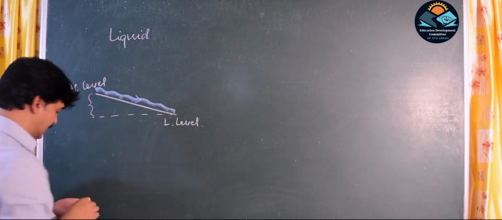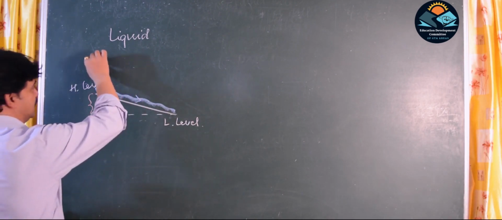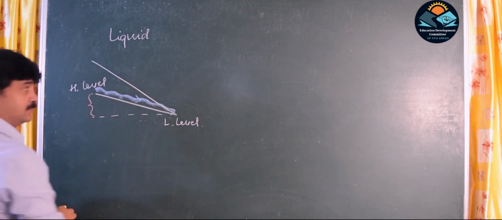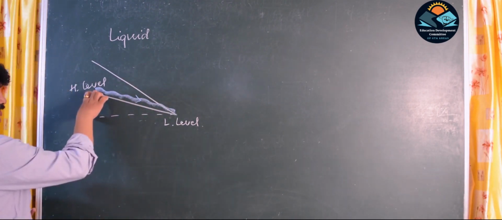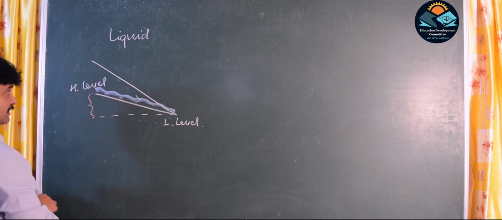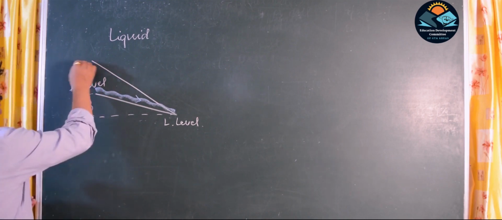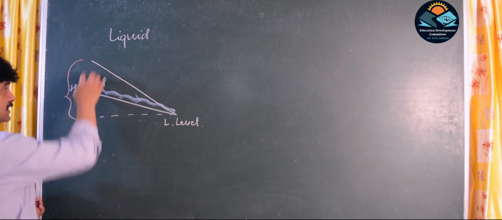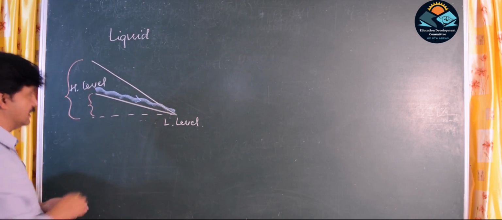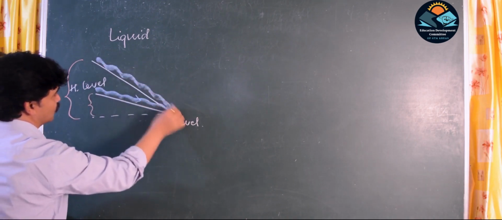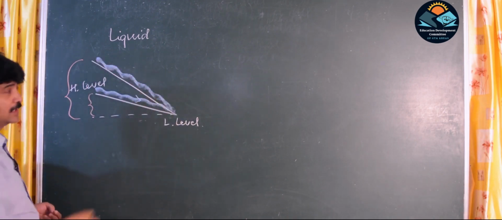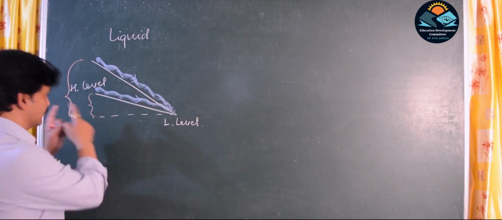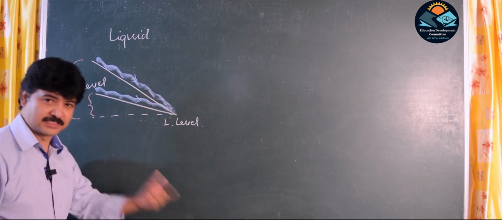Now what will happen if I increase the difference of level? Initially this much was the difference in level, and now you see this much is the difference in level. You can see the difference has increased, isn't it? Now how will the liquid flow on this surface? It will flow much faster, isn't it? That means the rate of flow of liquid will increase.